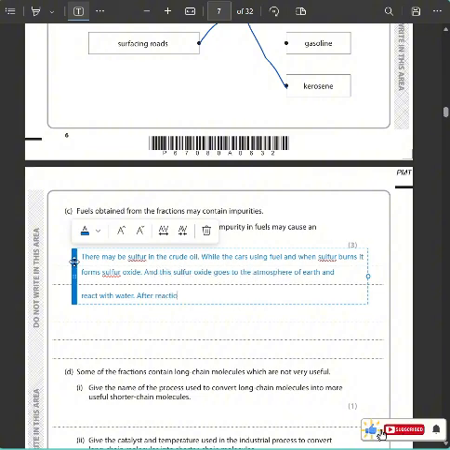After the reaction, it forms sulfuric acid.